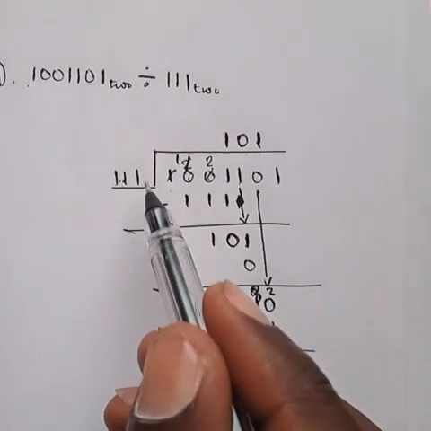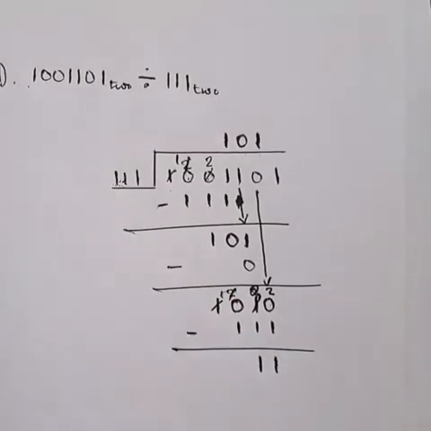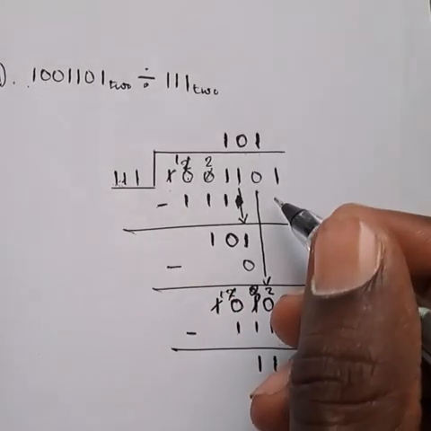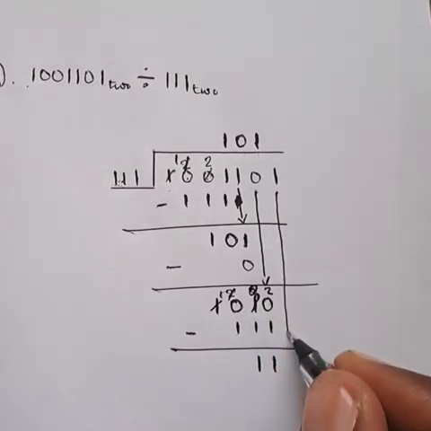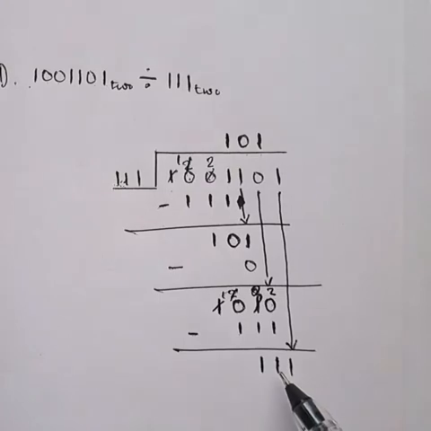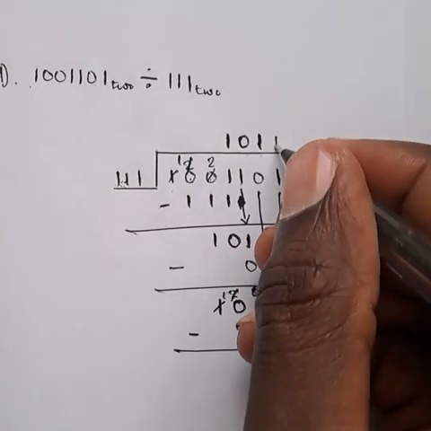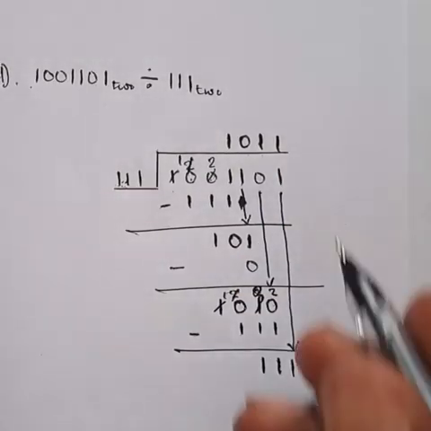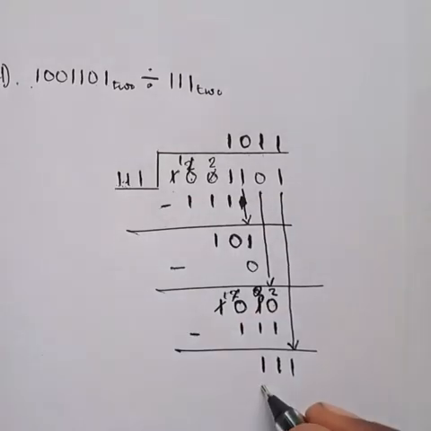Then let us divide. 111 into 11, it can't. So we bring down this one there. 111 into 111, it's 1. 1 times 111, it's 111.